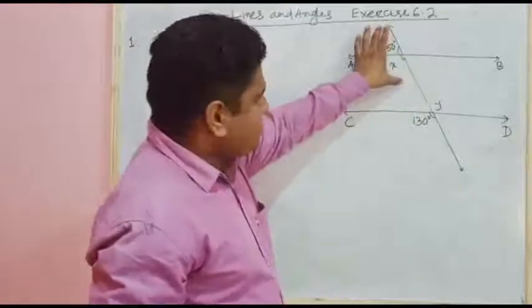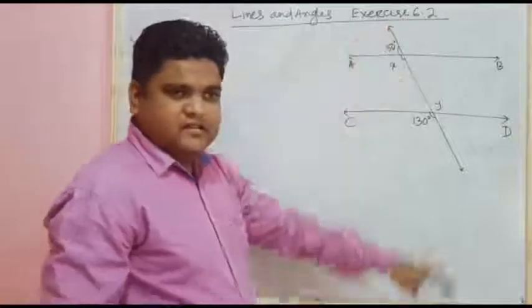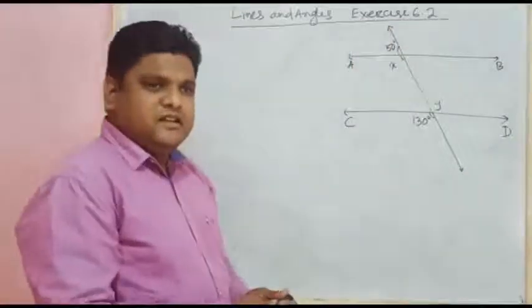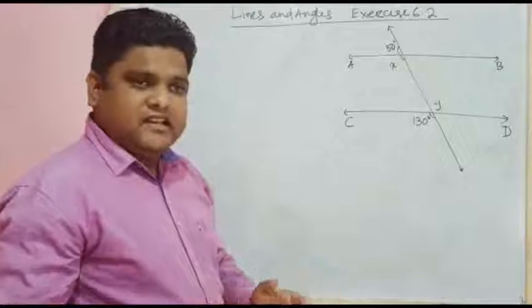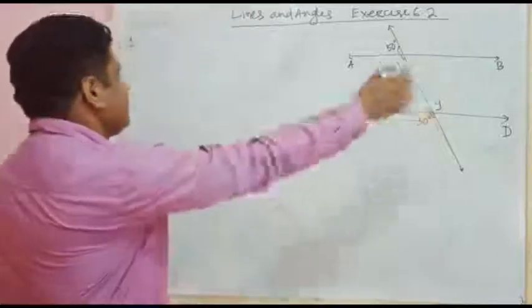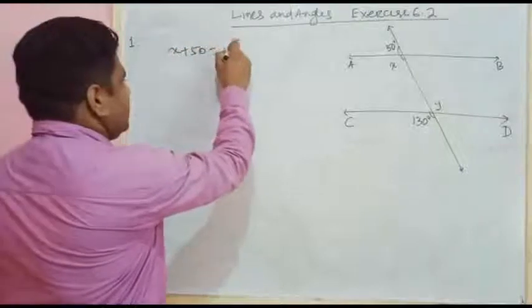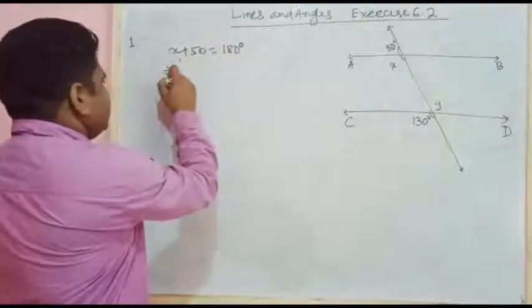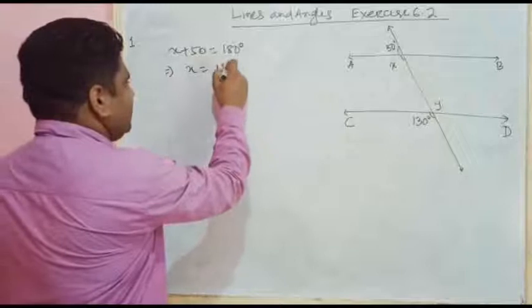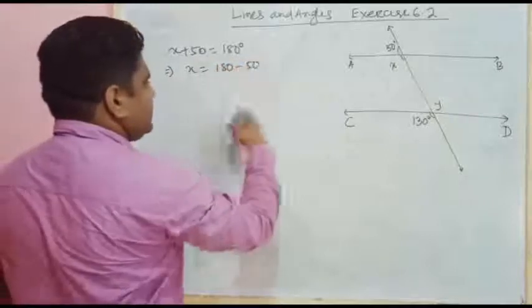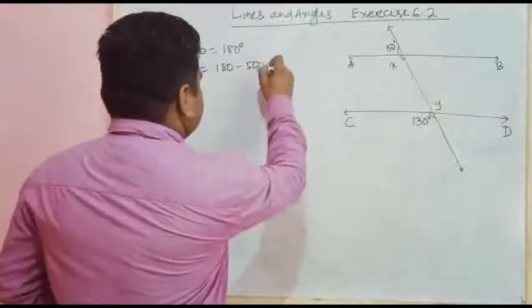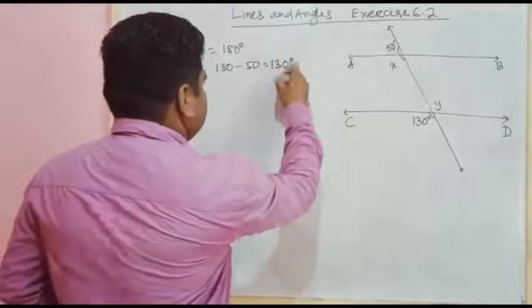So the sum of these two angles is 180 degrees, because this is a linear pair of angles. So x plus 50 is equal to 180 degrees, which implies x equals 180 minus 50, equal to 130 degrees.